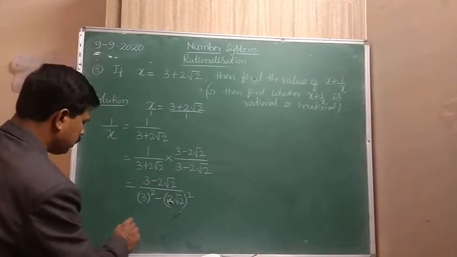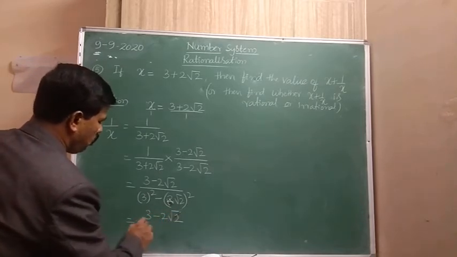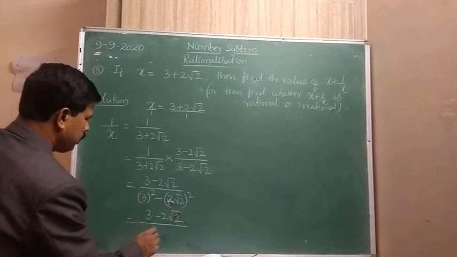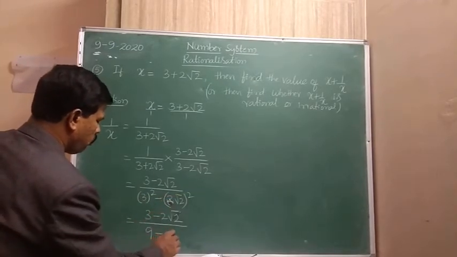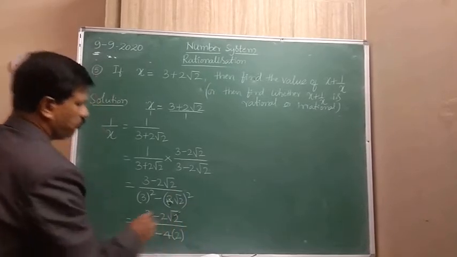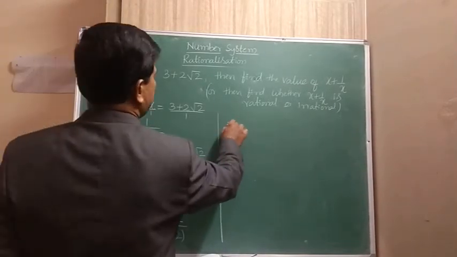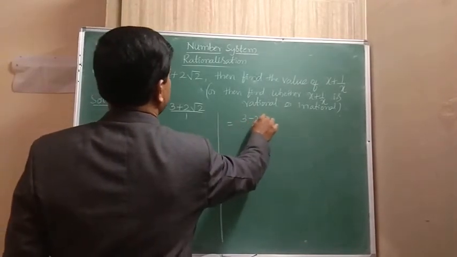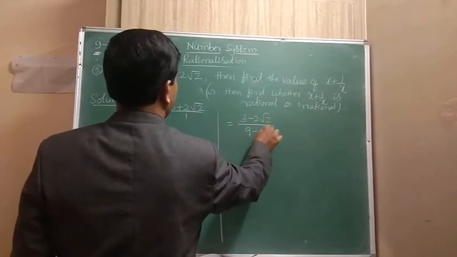Now 3 square is 9, minus 2 square is 4, into root 2 square, the root and square cancel, so 2 twos are 8. The numerator is as it is, 3 minus 2 root 2 by 9 minus 8.